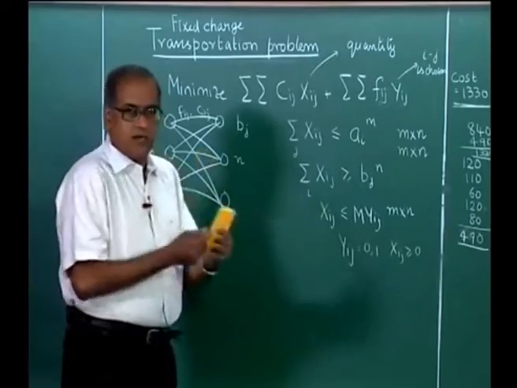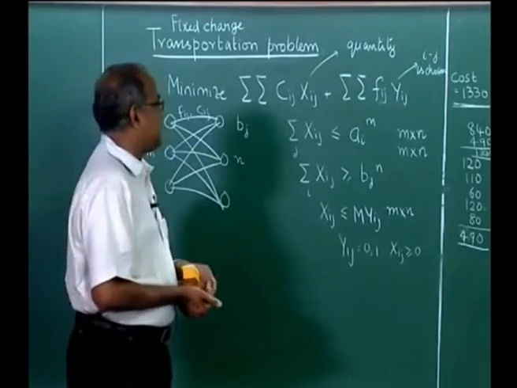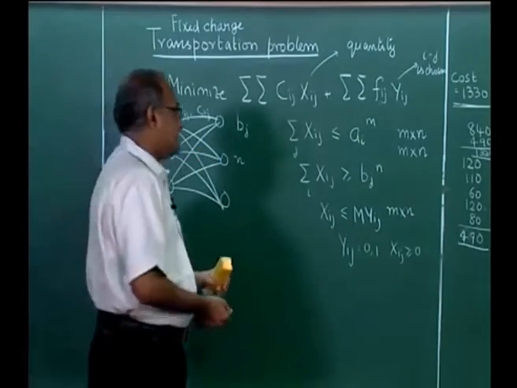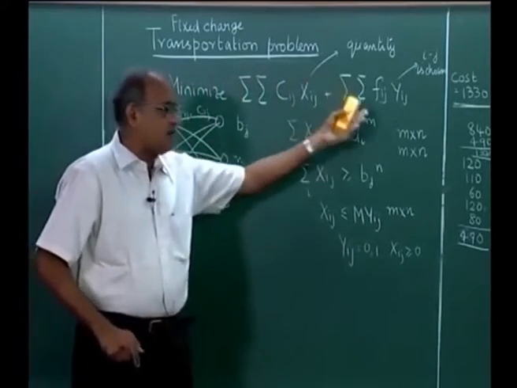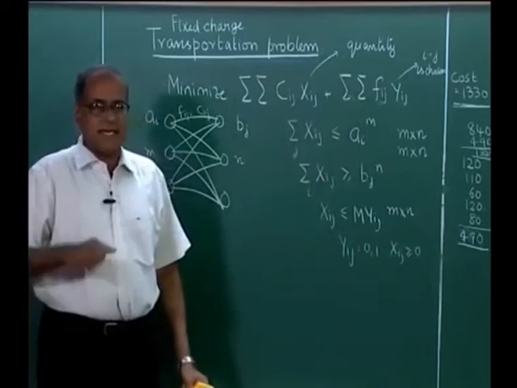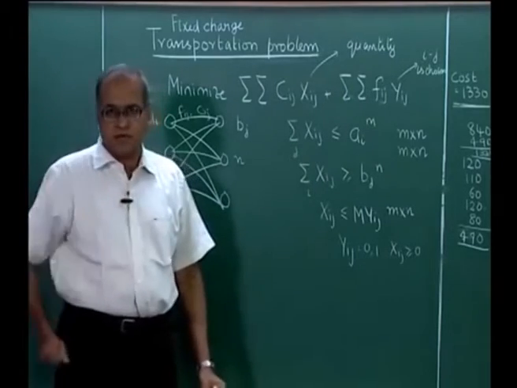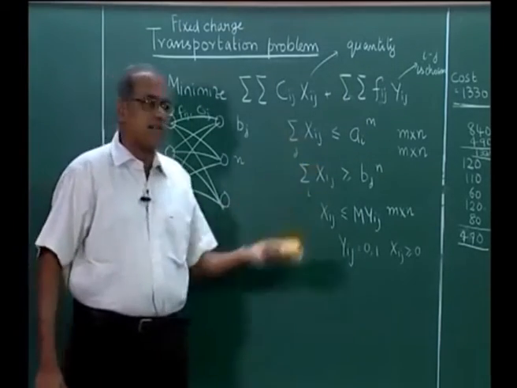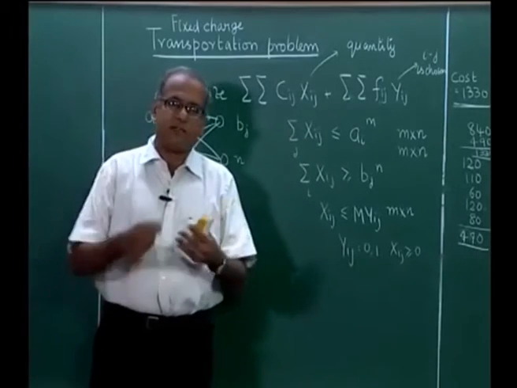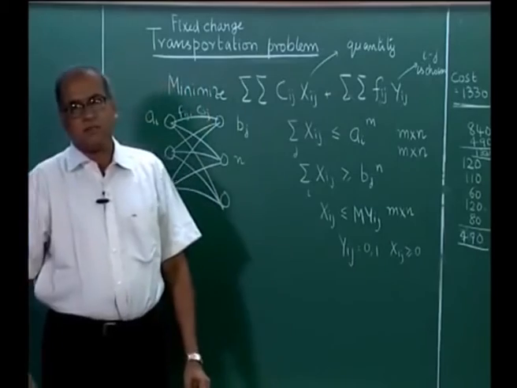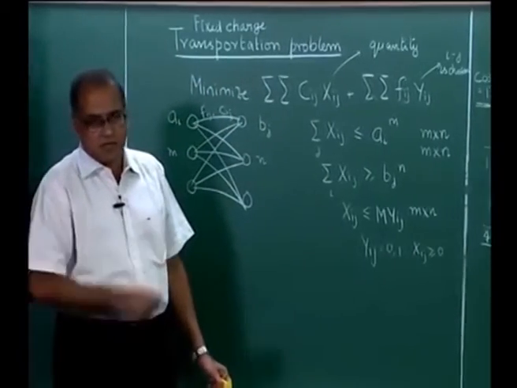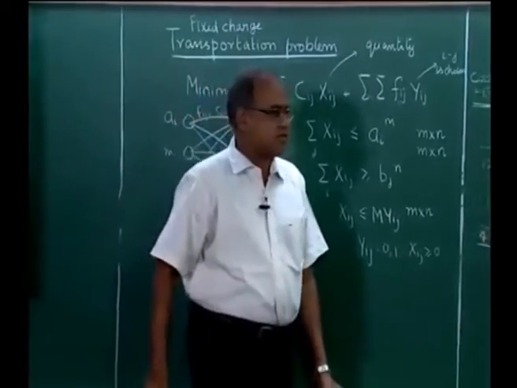So if we really want the optimum solution to the fixed charge transportation problem, then we can use this and use a solver to solve this, which again necessitates the availability of a solver. And if we do not have a solver, we could think in terms of other methods such as a branch and bound algorithm and so on. Such methods exist in the literature, they can be used to get the optimum solutions.